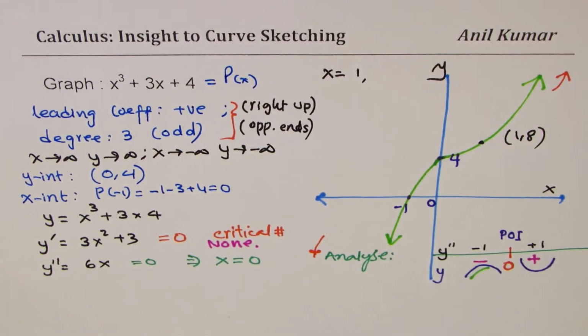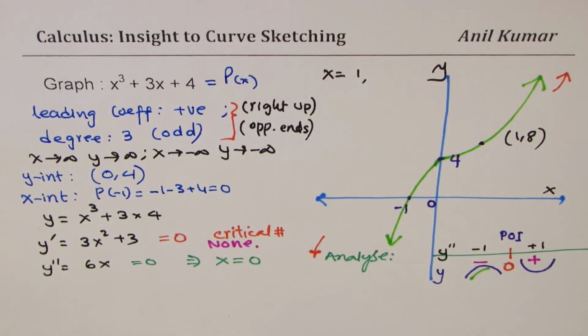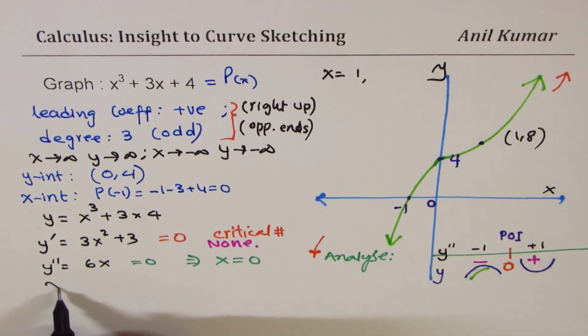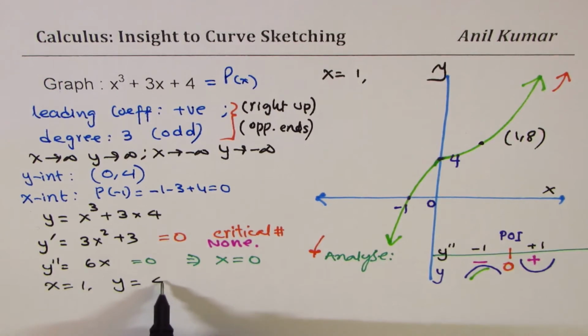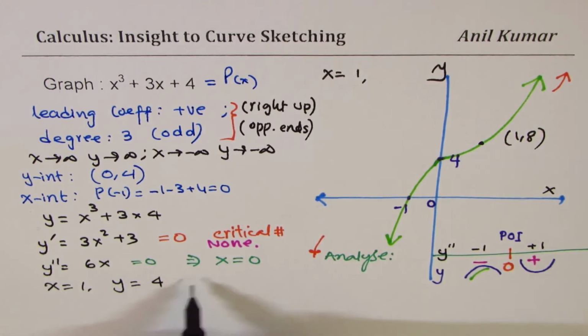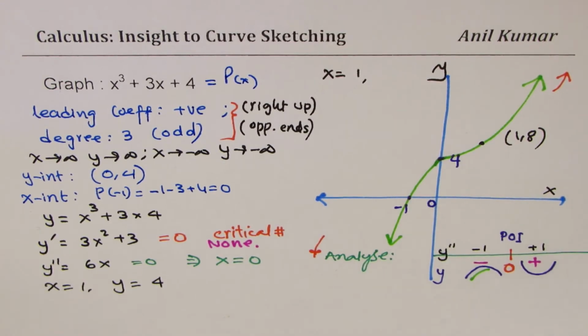But once you have graph paper, you could fairly accurately sketch this curve. So this is how it is going to look. Is that clear? So what we added here is one more point, that is, at x equals 1, y equals 8, right? So we included that point here in the graph and got a fairly accurate result.